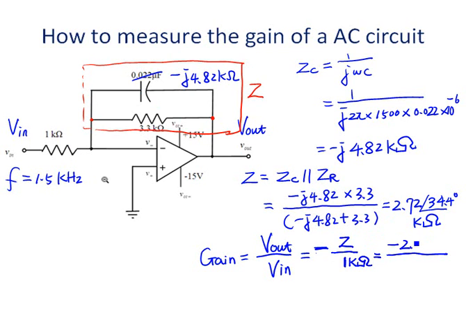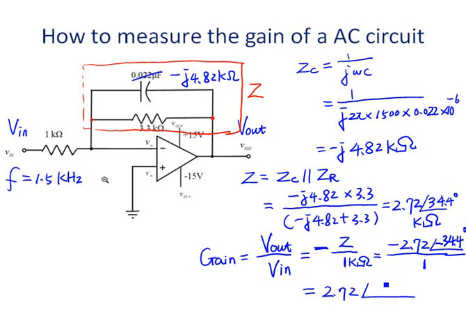So it's negative Z, 2.72 at negative 34.4 degrees, over 1 kilo.